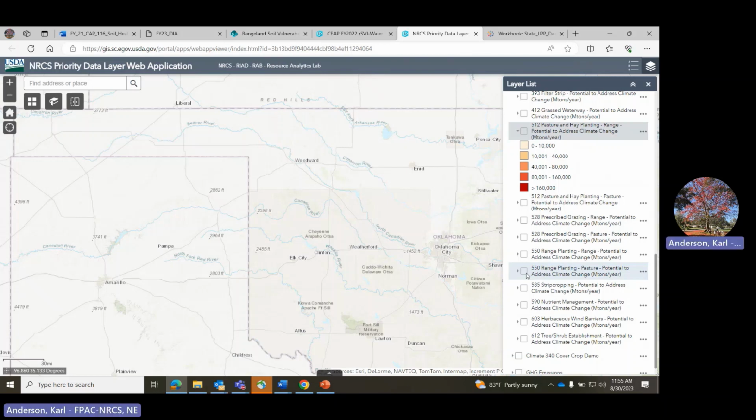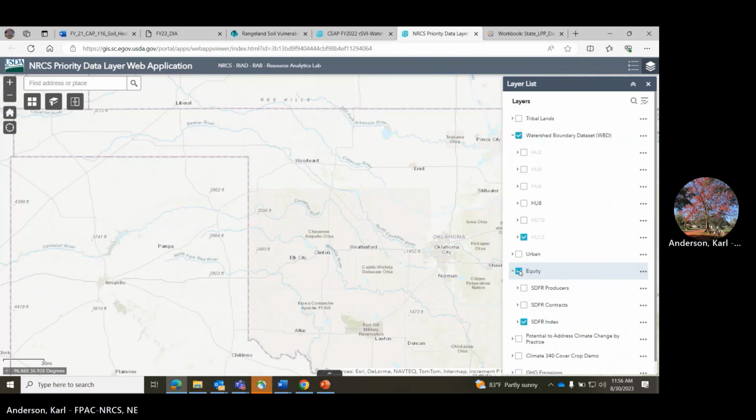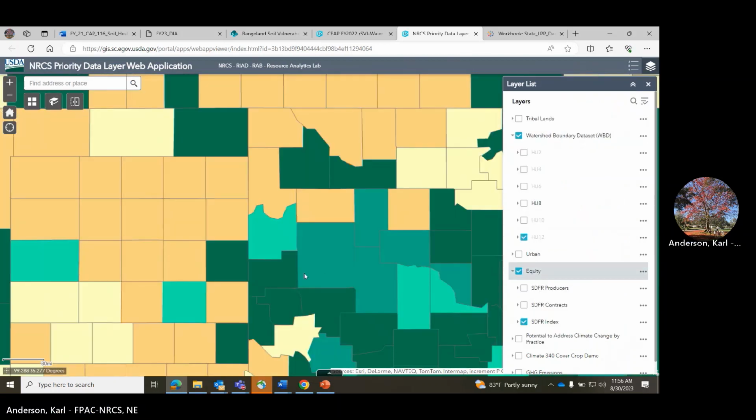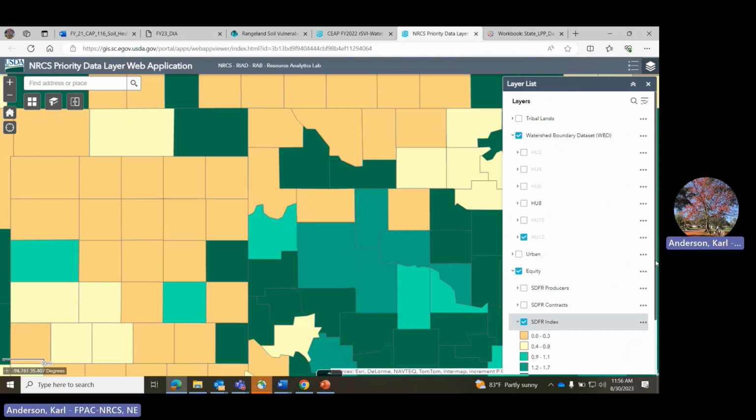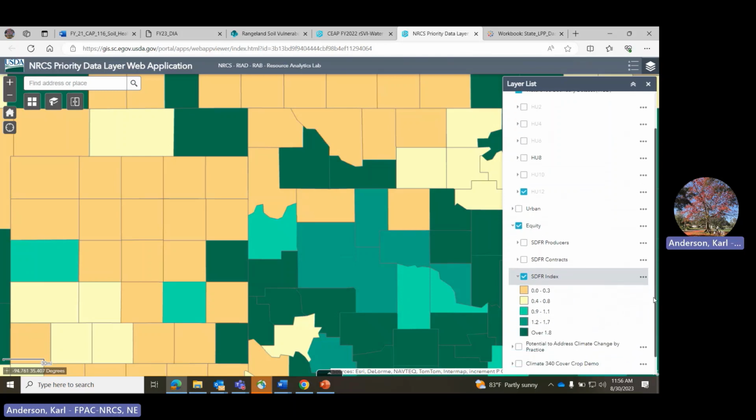So another next step we can take is, we'll see, well, this county here has a relatively high percentage of folks that are socially disadvantaged and that have participated in programs, while some of these counties to the south and west just not as much.